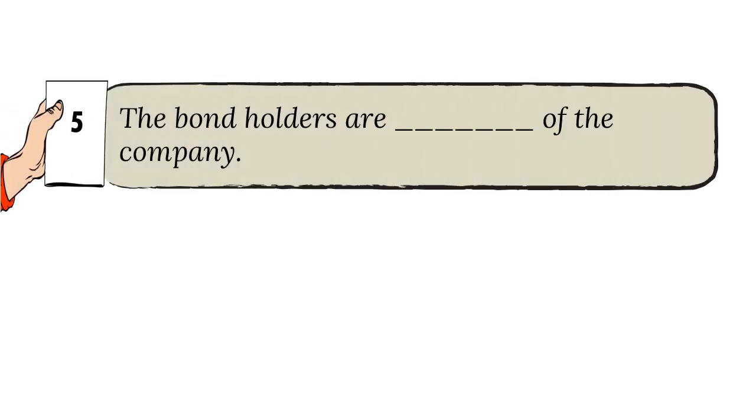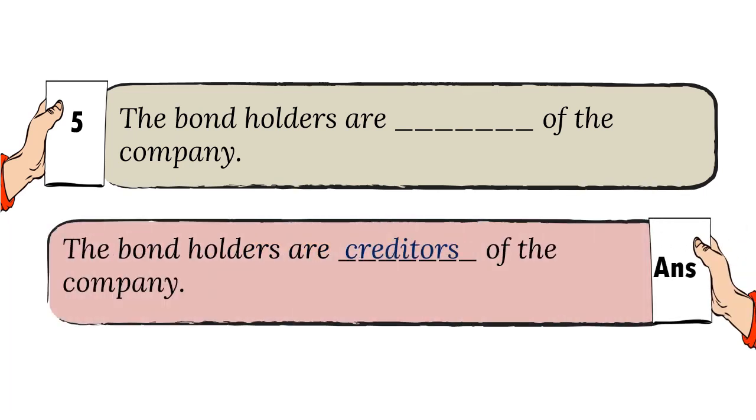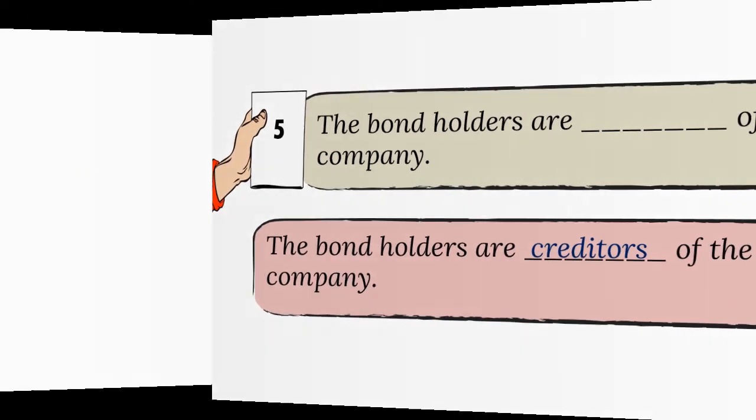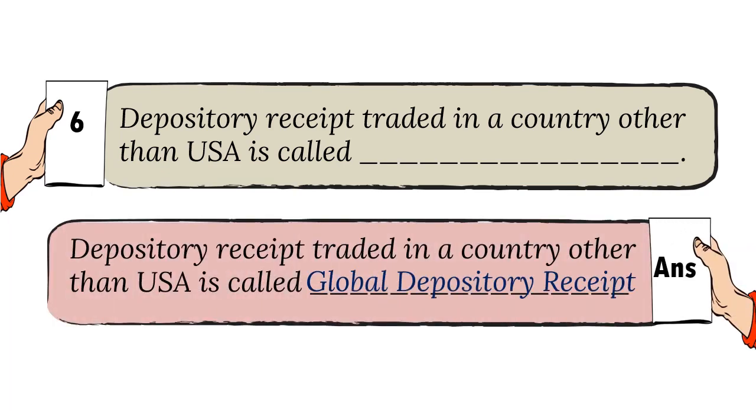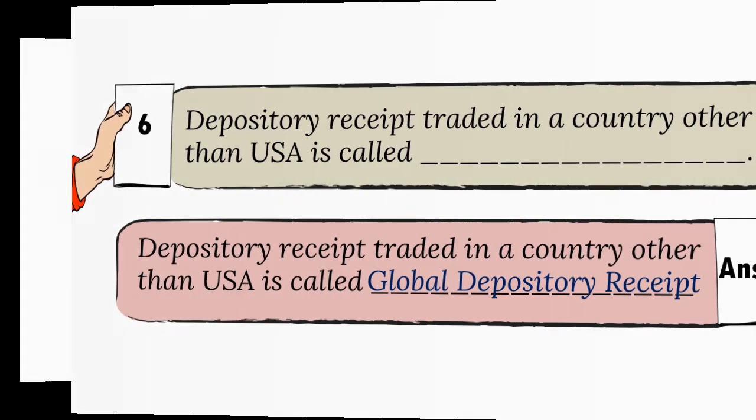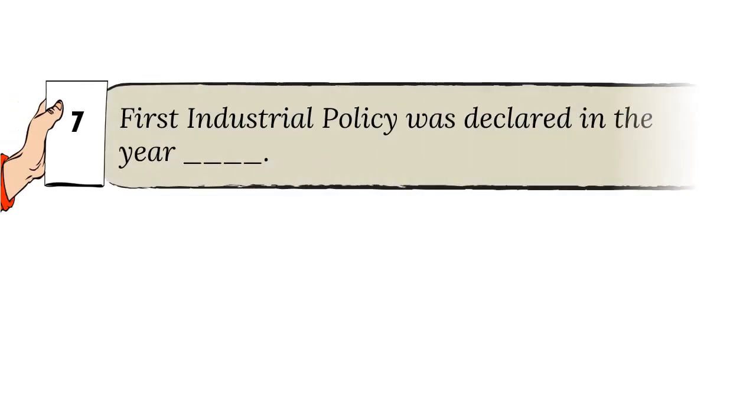5. The bondholders are dash of the company. And the answer is creditors. 6. Depository receipt, traded in a country other than USA, is called dash. And the answer is global depository receipt. 7.